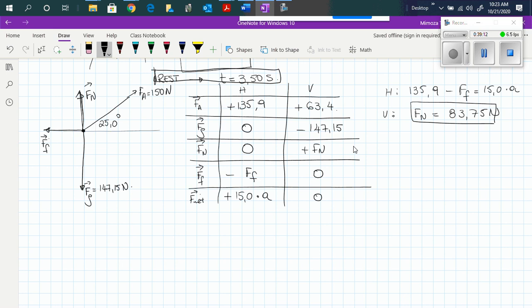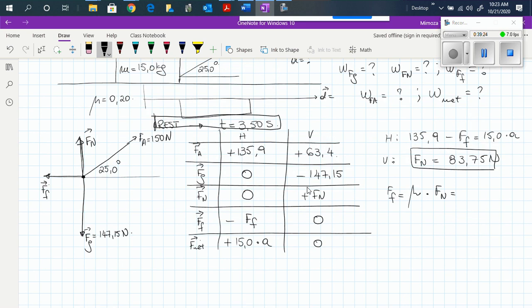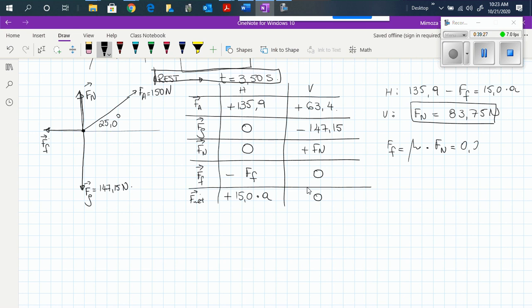Knowing the fact that force of friction is the coefficient of friction times force normal, and knowing that the coefficient of friction given here is 0.2, 0.2 times 83.75 is 16.75 newtons.